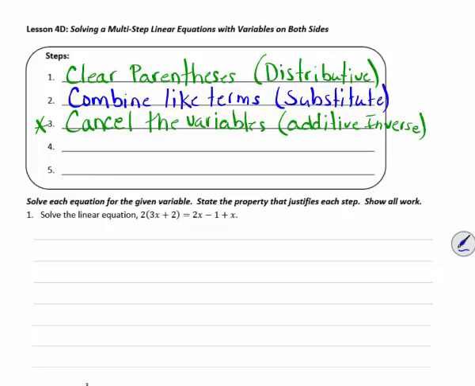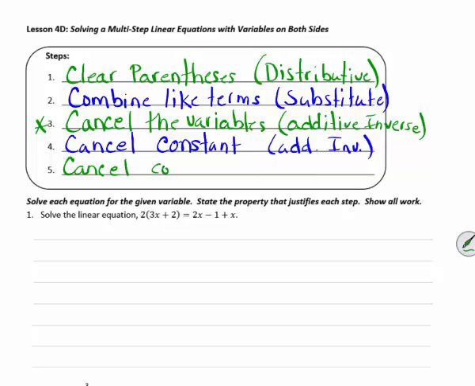Then we're going to have, right, cancel our constant. I'm sorry, our constant. I do that all the time. Which is the additive inverse. I'm going to abbreviate. And then we cancel the coefficient, which is the multiplicative inverse.